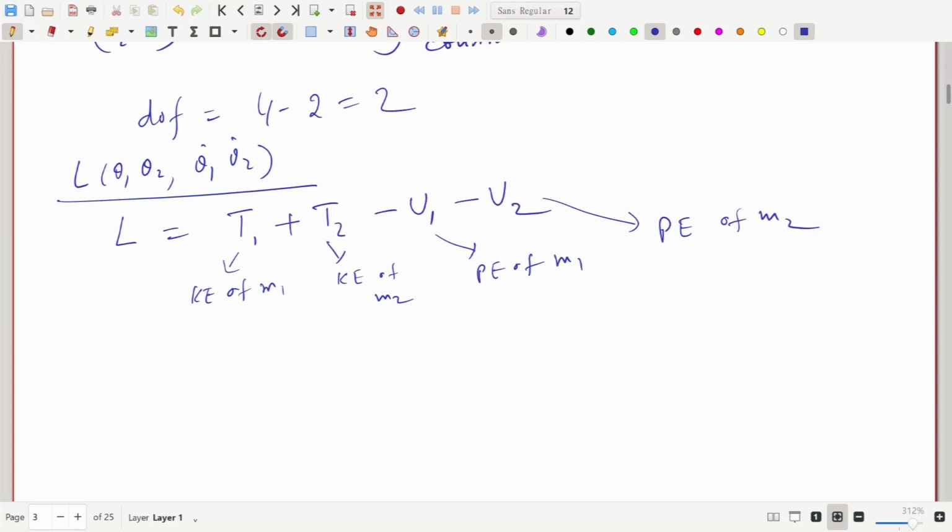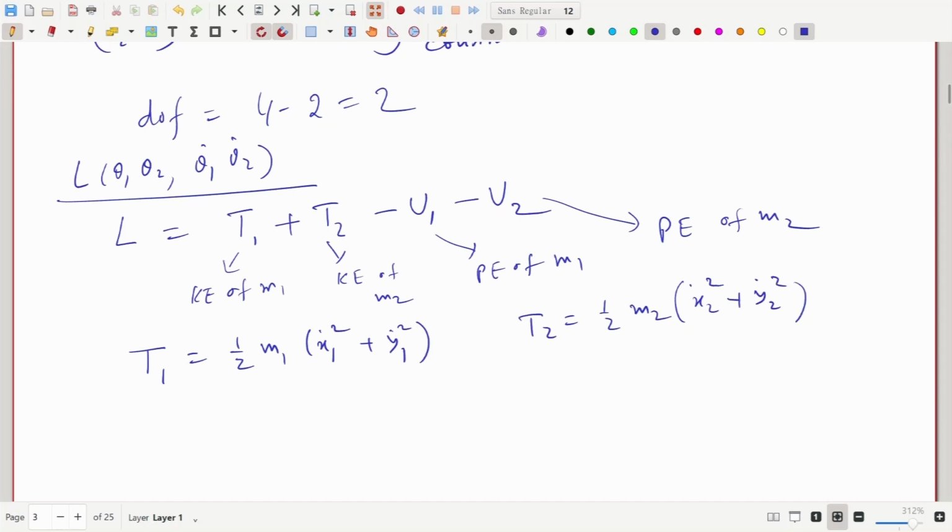So naturally, from the earlier example, you can find that T1 is half m1 times x1 dot square plus y1 dot square, and T2 will be half m2 times x2 dot square plus y2 dot square.